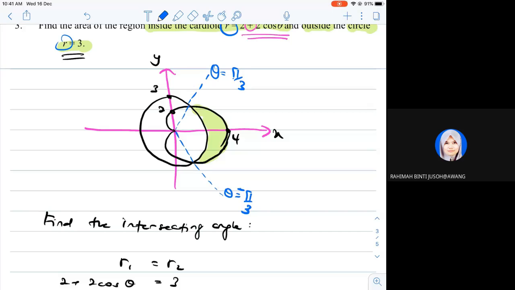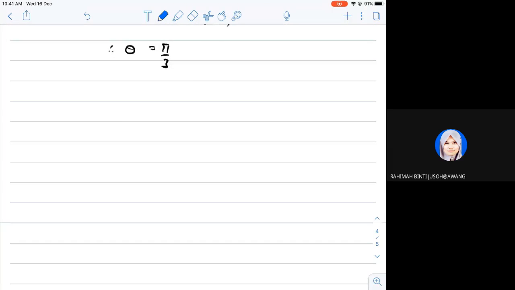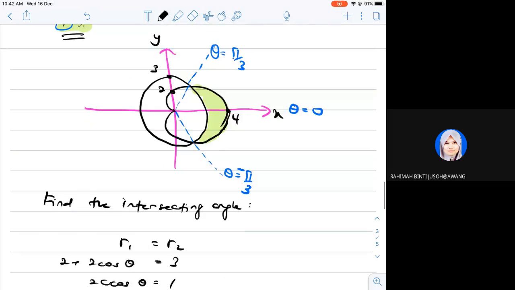Okay, so as usual, let's say I consider half of this region. So I consider theta starting from 0. Again, you will have two formulas. If you want to calculate directly, you can have 1 over 2 integration from negative pi over 3 until pi over 3. Which one minus which? This line belongs to what?